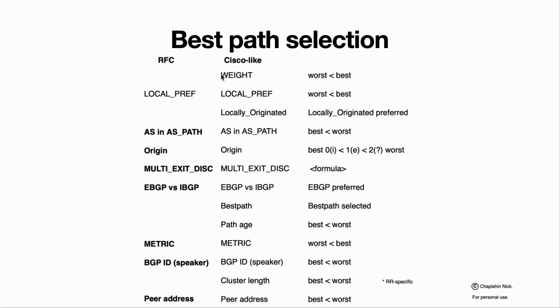On each stage we drop out paths that have worse values based on the compared fields, and if more than one path remains, we go to the next stage.